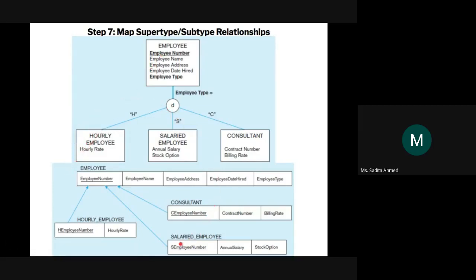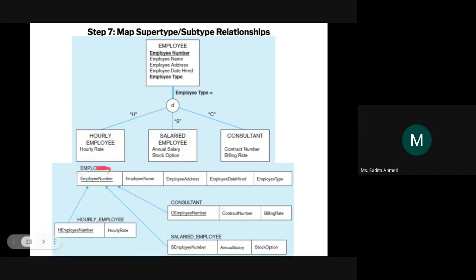What we do is, for each one of these subtypes, we create new relations. We put the attributes of the subtypes into those relations, and the primary key of the subtypes will also be referencing the primary key of the supertype.